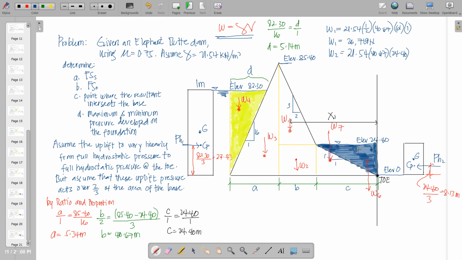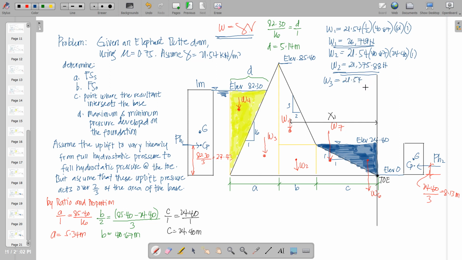So this 24.4 is actually the value of C. We multiply it by 1 and get the value of W2 equal to 21,375.88 kilonewtons.